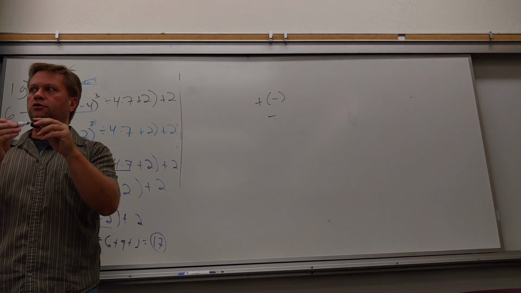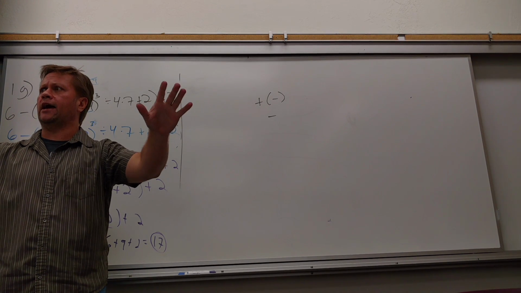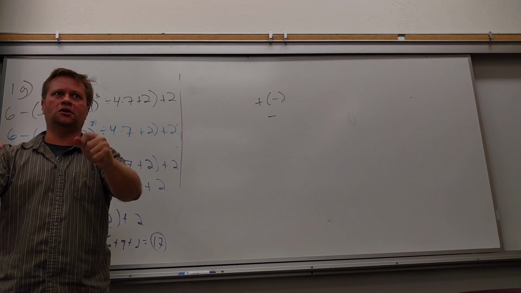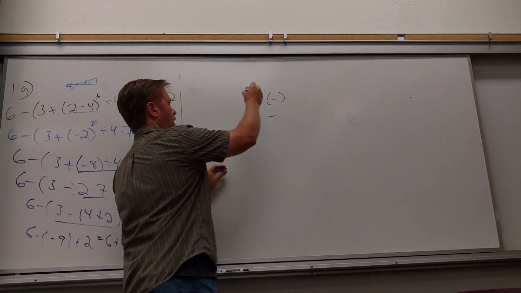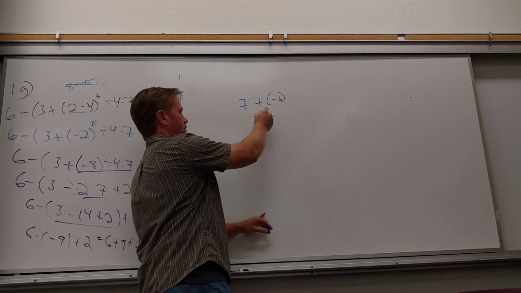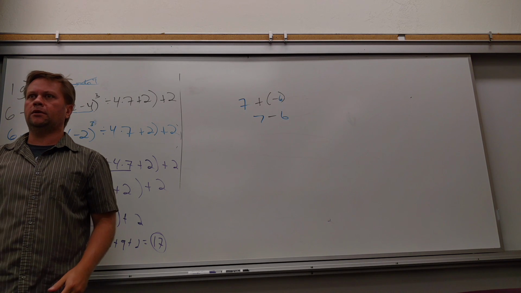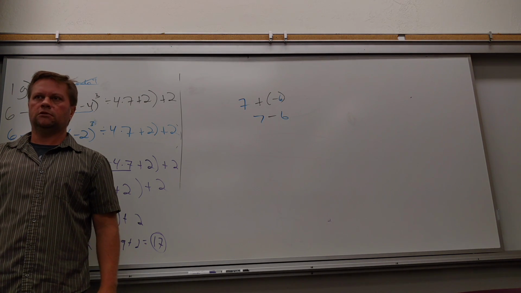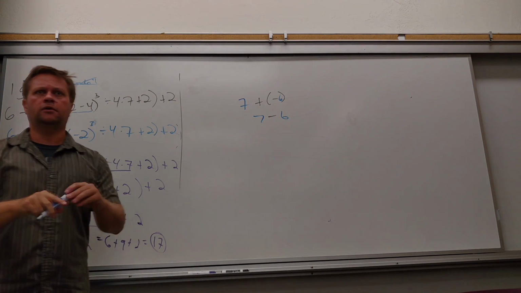What I've written up there is totally true, right? No matter where I see that, it's true. So if I had 7 plus negative 6, that's 7 minus 6, because plus times negative is minus. That's it. There's nothing else. So how do you guys feel about that?